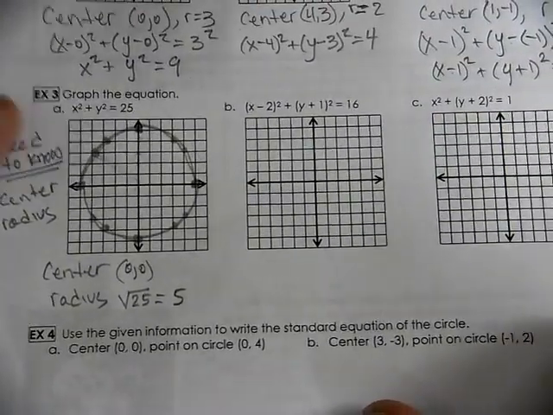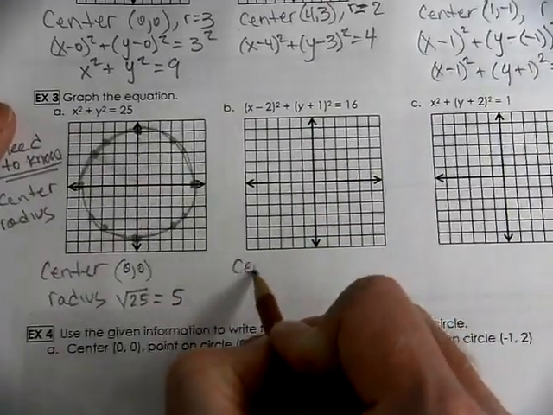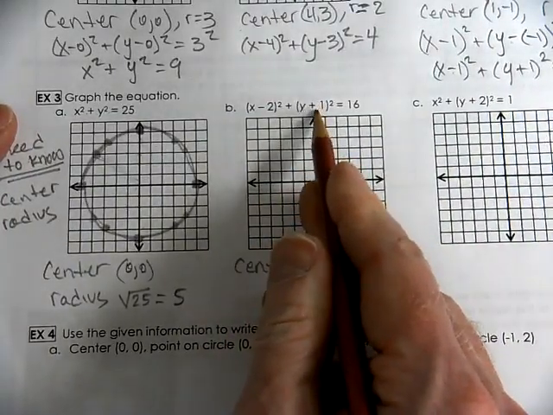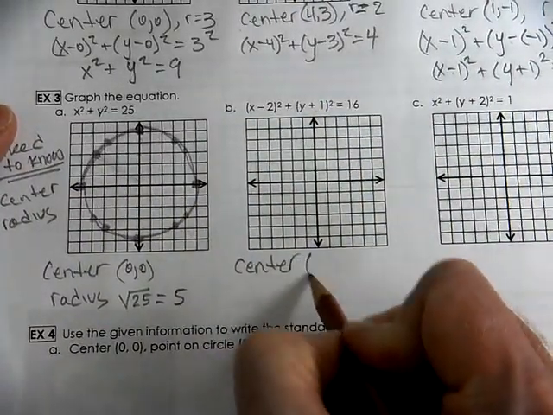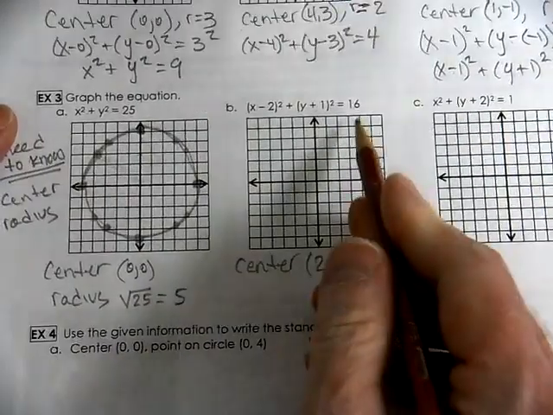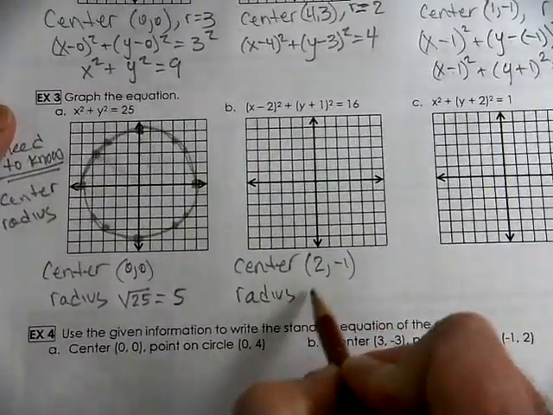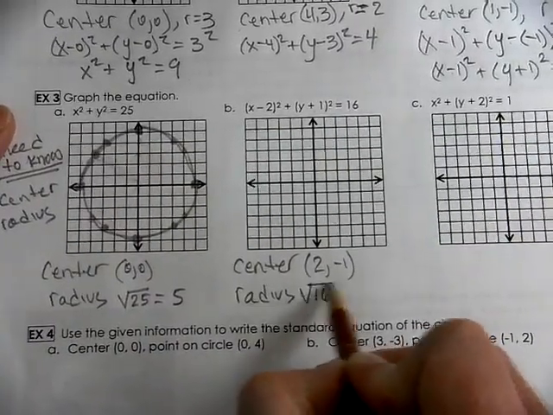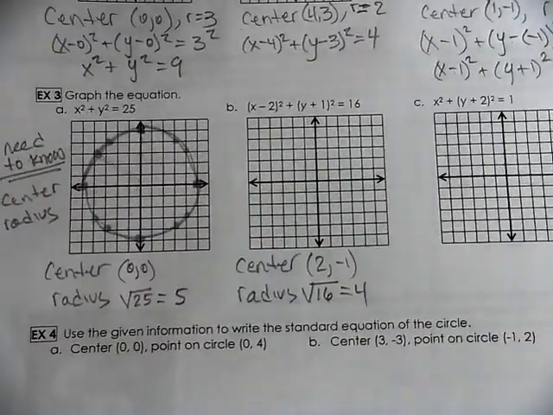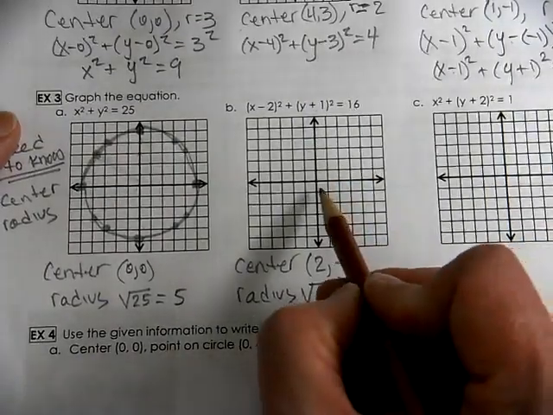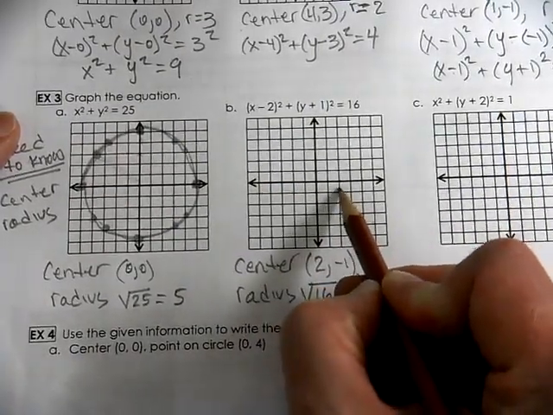When we come over here, we see that our center is at 2, negative 1. And our radius is going to be the square root of 16. So your center is 2 to the right and 1 down.